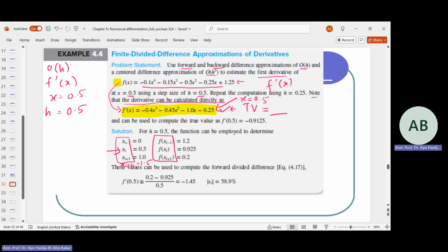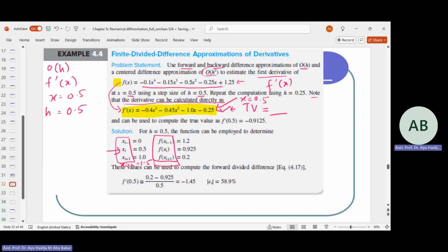For the true value, you can use your calculator directly. For this function, you can derive easily. But if the function given is cos, sine, tan, or exponent, to find the true value I advise just pressing your calculator. Now, from these x and f(x) values, sub into the equation.